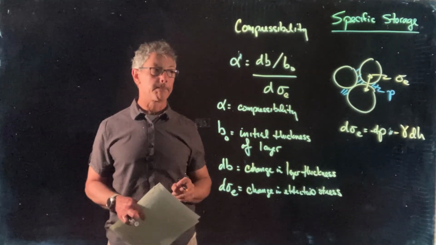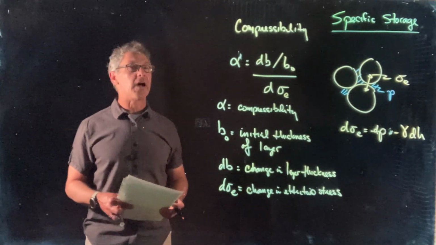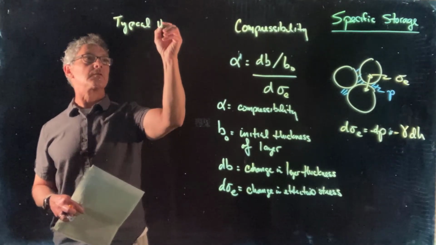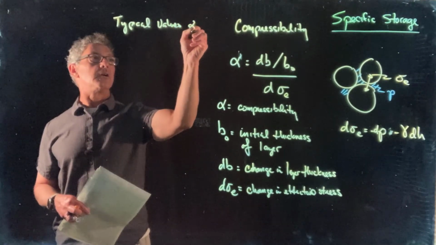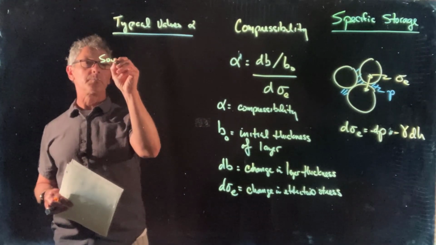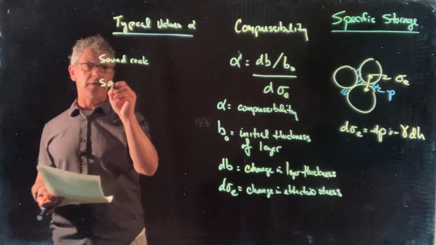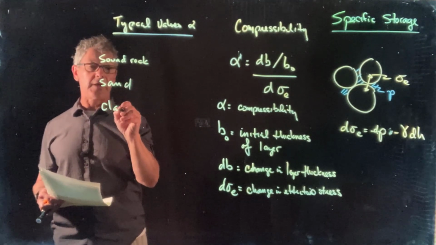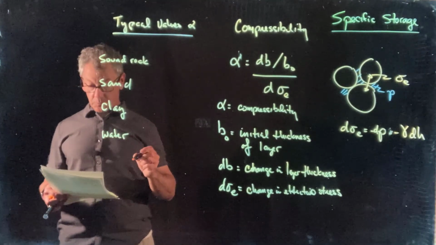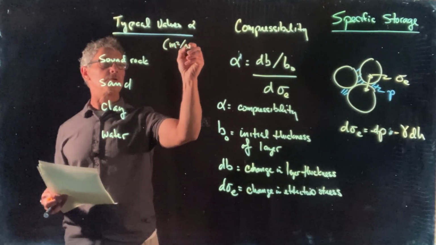All right, so if we look at some typical values of alpha, we might find that sound rock versus sand versus clay versus water has ranges, and we're going to give this in units of meters squared per Newton.